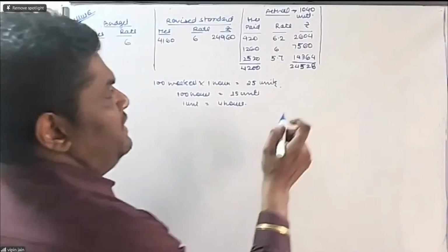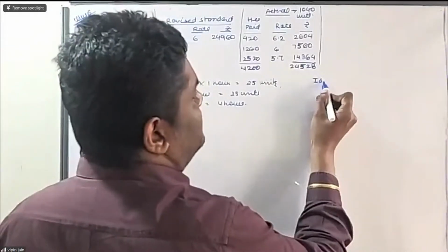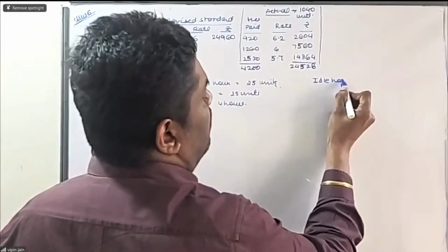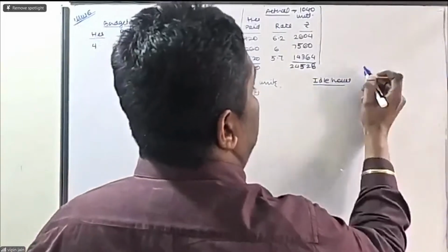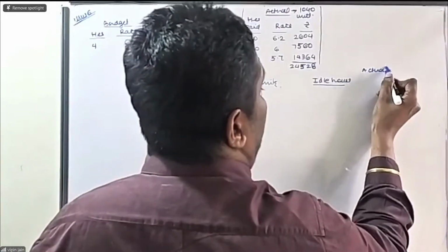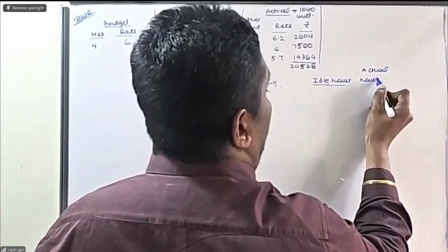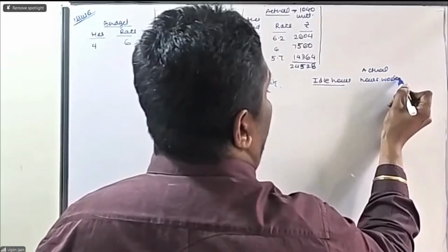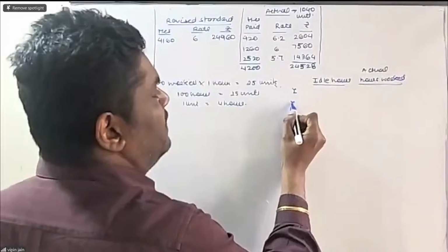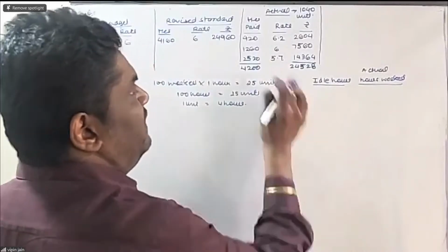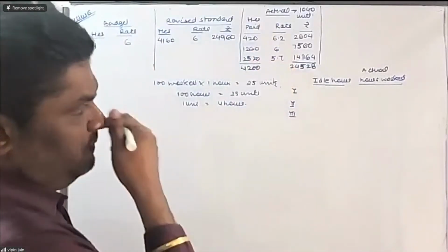Further, herein the information is also given as regards idle hours. So we will calculate actual hours worked. There are 3 categories of workers because we are paying them at different rates, first, second and third.